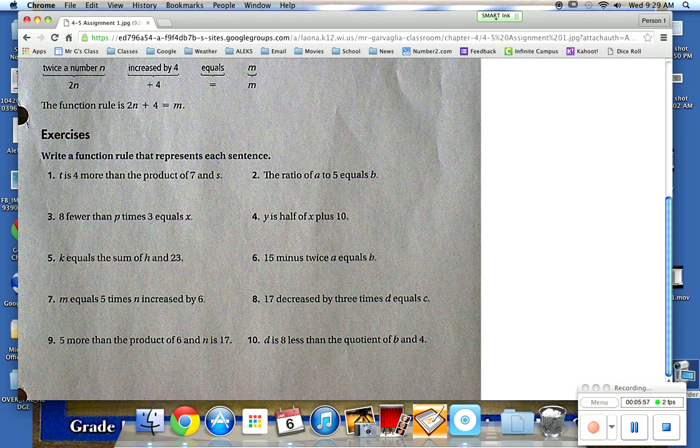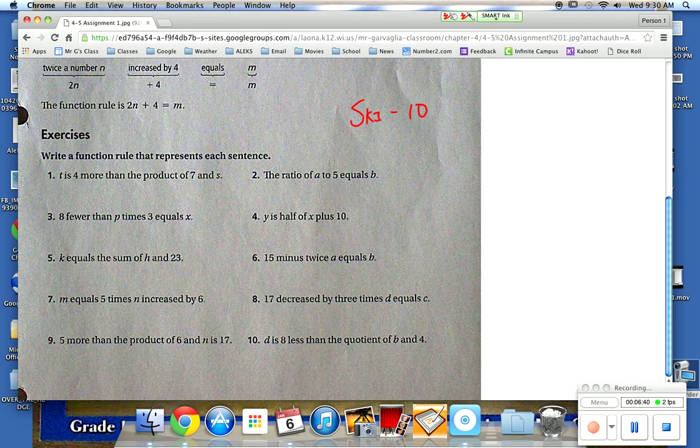Let's take a look at number 8. 8 fewer than P times 3 equals X. 8 fewer than P. So think of this: if I'm going to say there are 10 kids fewer in this class than Ski's class, I'm going to say Ski minus 10.